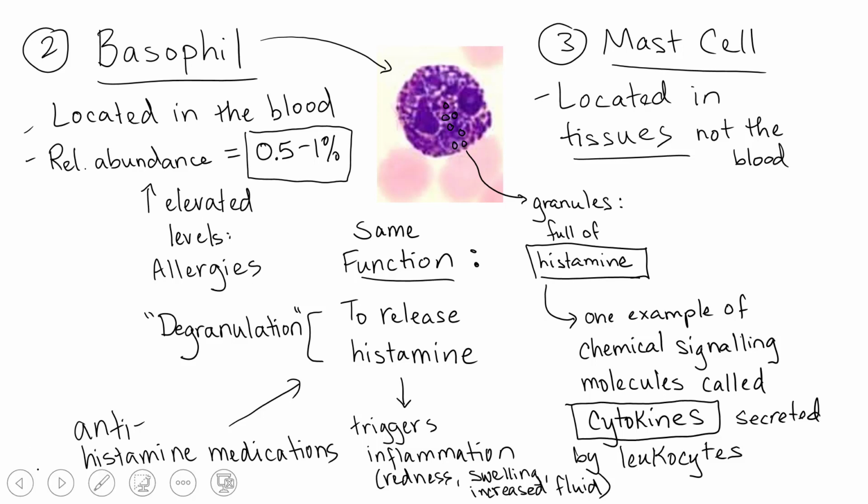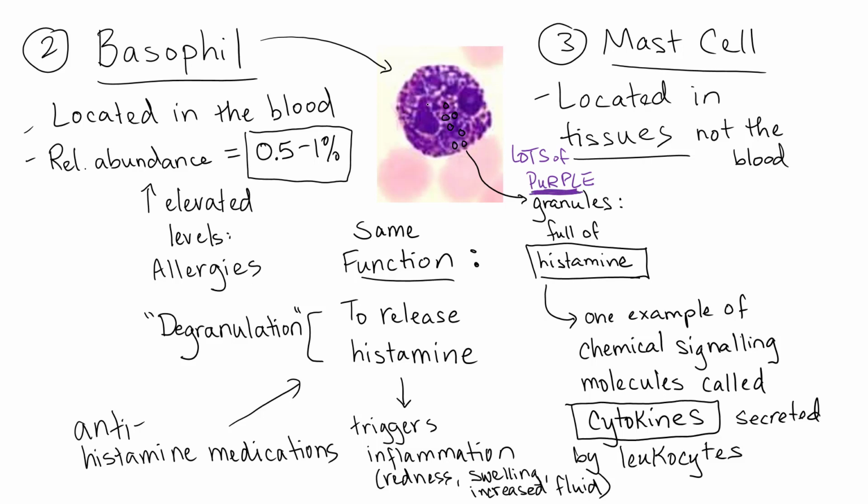Oh, actually, you could see that here pictured, but one of the ways you can identify a basophil in a blood smear is that it has very characteristic purple granules and lots of them. Lots of purple colored granules. So you see just a ton in there.